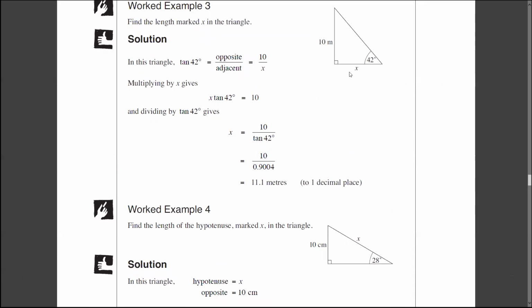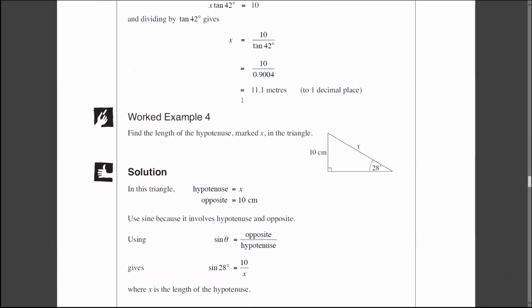In this case, now the adjacent is unknown, but you know what the opposite is. So again, tan, this time x is in the denominator. Well, fine. You just make x the subject of the formula. Multiply both sides by x, divide both sides by tan 42. And before you know it, you get it.